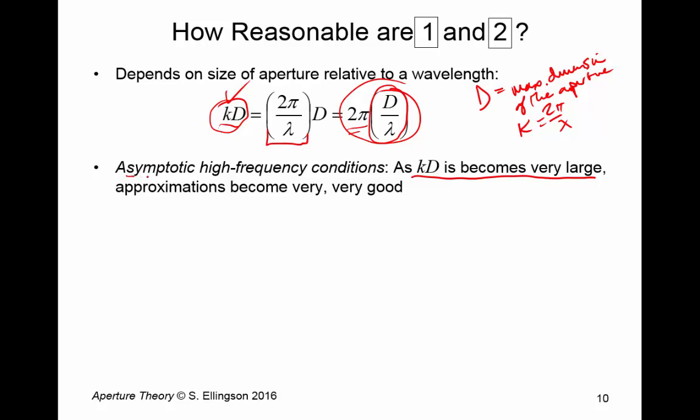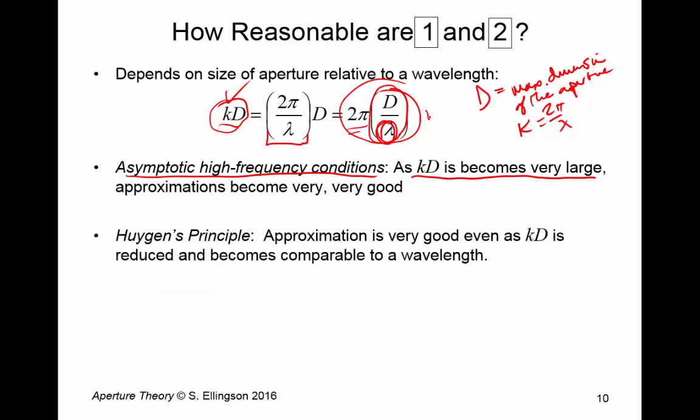So we refer to this as asymptotic high frequency conditions. This is high frequency because as the frequency goes up, the wavelength gets small, so this thing gets big. Saying that the frequency has become very high is the same as saying that the aperture has become electrically very large. And if that's the case, then 1 and 2 are reasonable approximations.